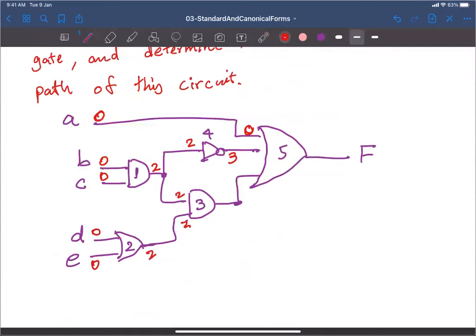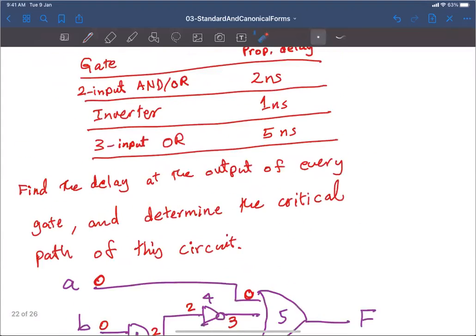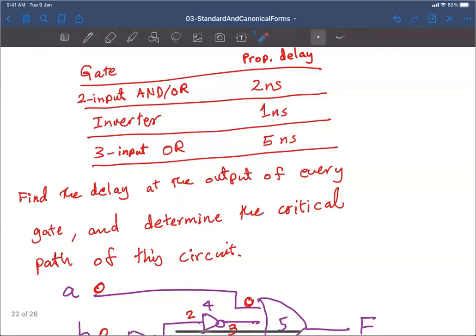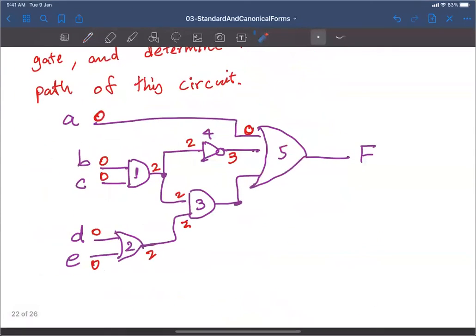Now for this AND gate, we know that the delay from these 2 inputs to the output, as given in the table, is 2 nanoseconds. However, I want the delay from one of the inputs to here, whichever results in the maximum delay.